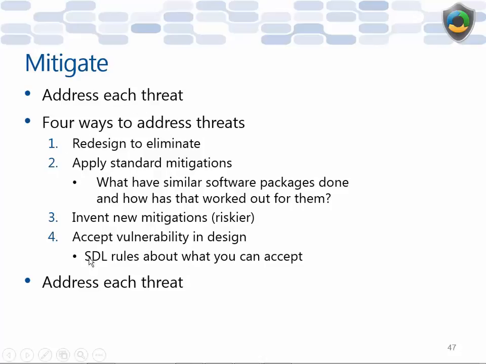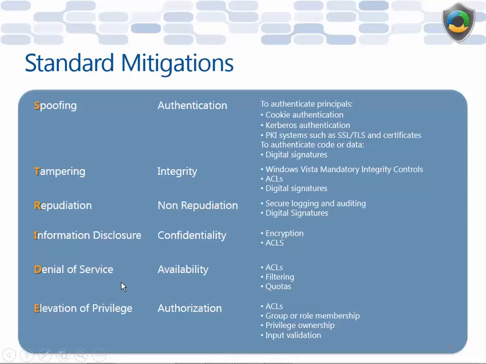After you've addressed the threat, you have to actually go through and do your mitigation. What they show in the right-hand column here is how to mitigate against threats: spoofing, tampering, etc. You'll notice that there are prevalent themes here: ACLs, ACLs, ACLs, which are, of course, access control lists.